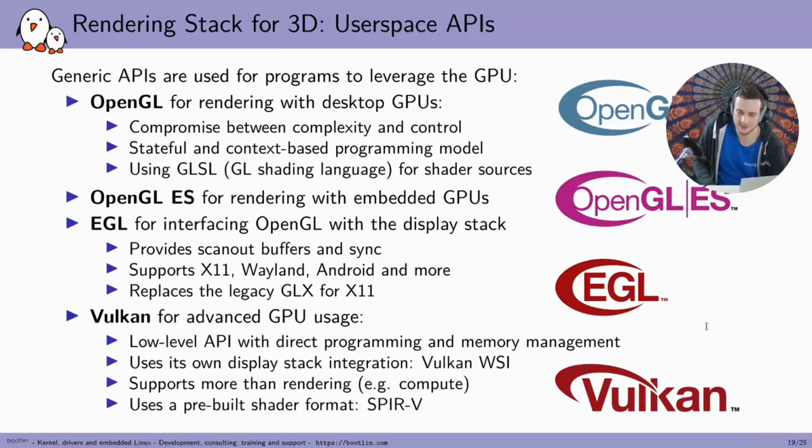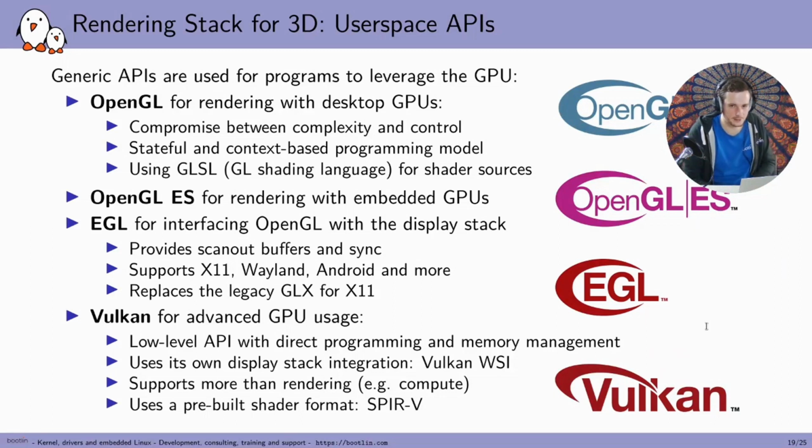But since Vulkan is much lower level, it can actually be used to do more than 3D rendering. For example, you can use it for general purpose GPU, which is compute. So you can accelerate general purpose calculation using the GPU, using the Vulkan API.